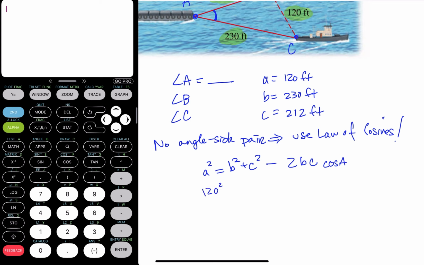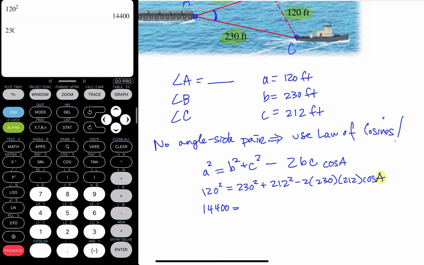So if this is 120 squared, this is 230 squared plus 212 squared minus 2 times 230 times 212 cosine of A. Now the only thing I have left to solve for is A. That's the only unknown in that equation. So I take 120 and square it on my calculator on the left, get 14,400.